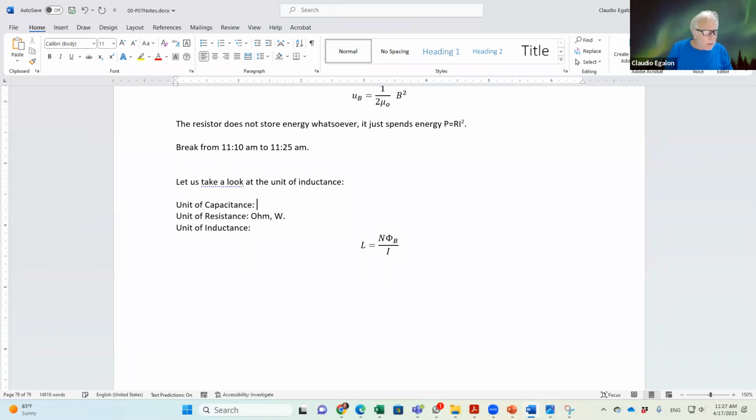The unit of capacitance is the farad. I'm going to put a capital Greek symbol here. And then what's going to be the unit of inductance? The unit of inductance is going to be the Henry.